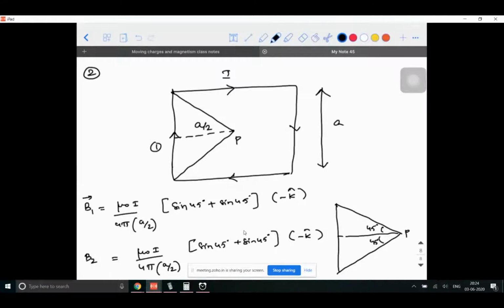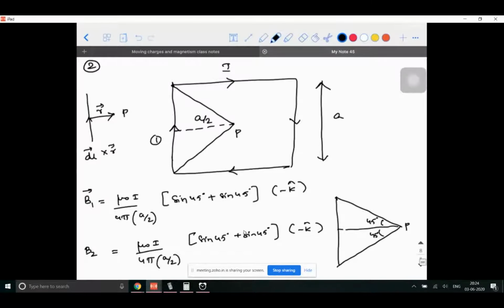See, about this confusion: if I take this to be the direction of current, and this to be the point, then this is the r vector. The r vector is always from the conductor to the point. Then dl vector cross r vector gives you the direction of magnetic field. In this diagram, what is the direction of the dl vector?